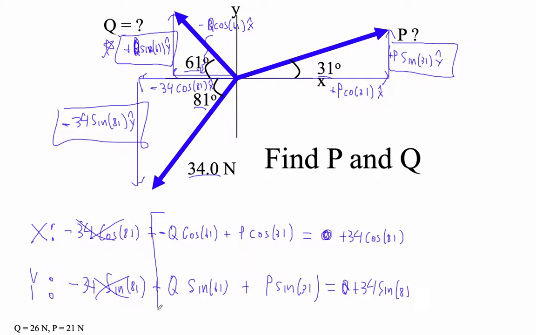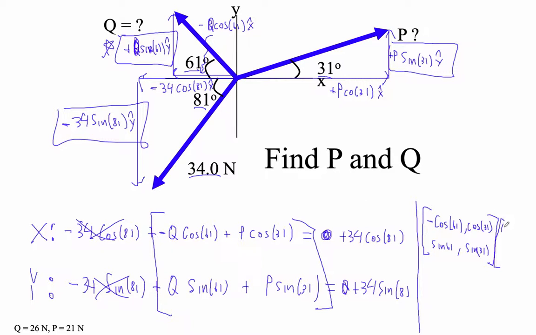And now we've got this thing that's ultimately matrixable. Okay, so I can write this. I just need space to write it. I'll write it over here. So I've got the matrix minus cos 61, cos 31, sine 61, sine 31, and then this is Q and P. All right.